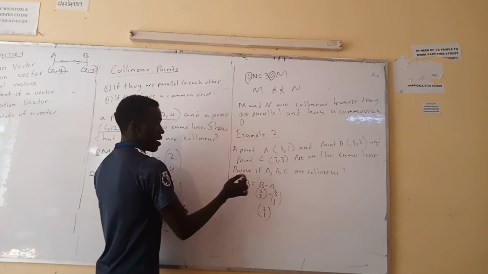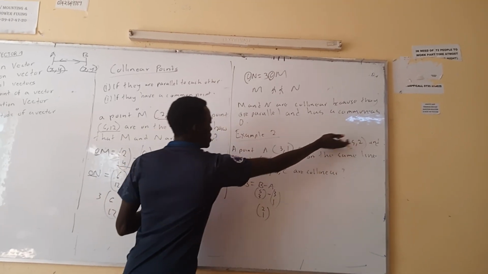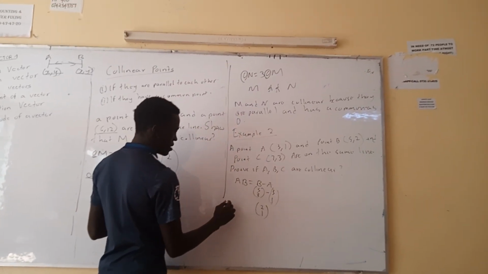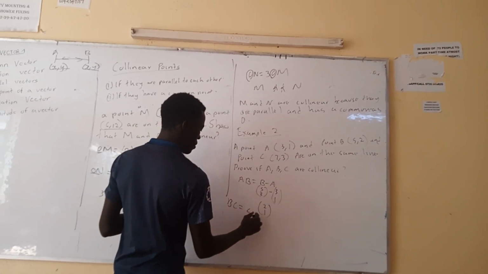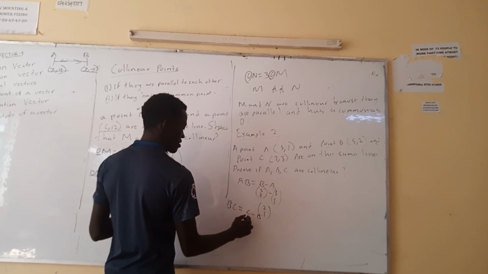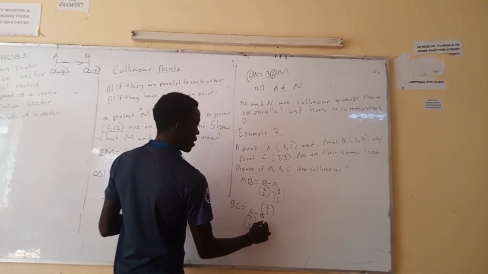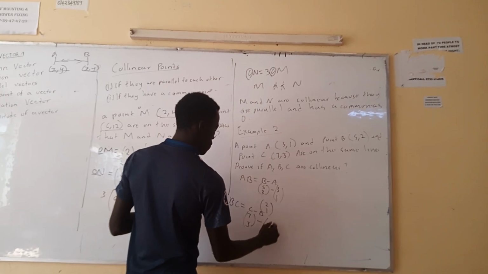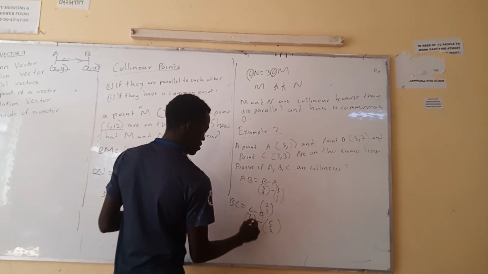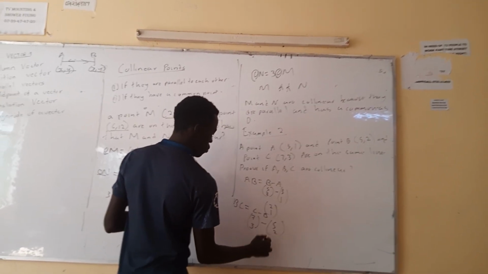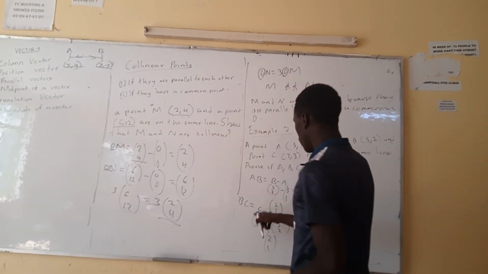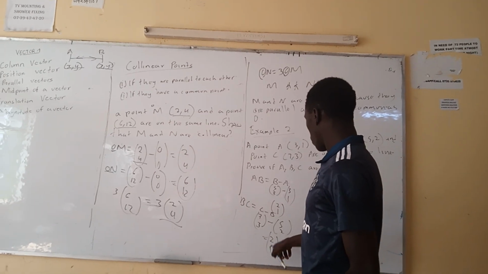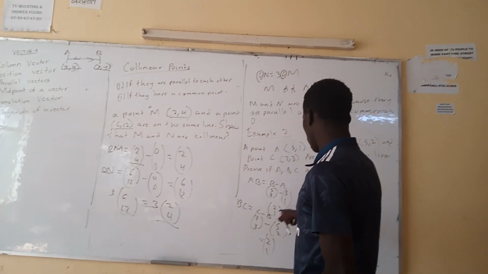And then again I get vector BC. BC will be C minus B, which will be 7, 3 minus 5, 2. So 7 minus 5 is 2, 3 minus 2 is 1. So we have seen that this is 2, 1, and this is 2, 1.